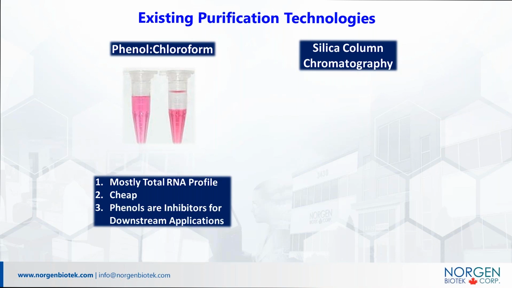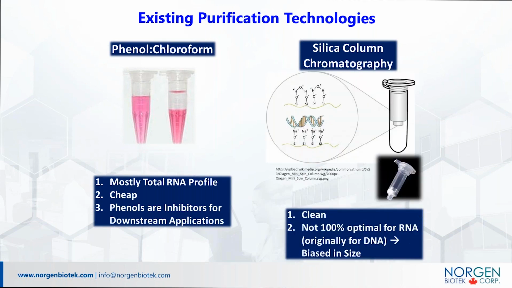If you want to go to next-gen sequencing or microarrays, even for regular PCRs, it will affect these downstream applications. Then there is the silica-based column, which is a clean system, but it's not very optimal for RNA. It's more for DNA. Silica-based columns were originally used for DNA purification, but they have some drawbacks as well.